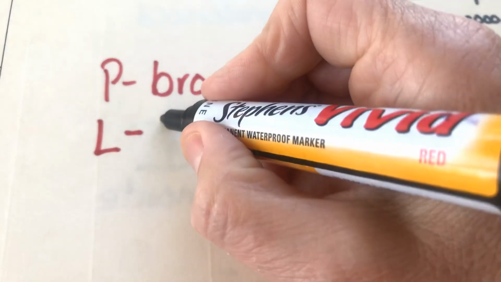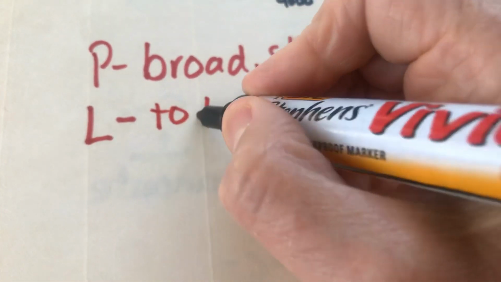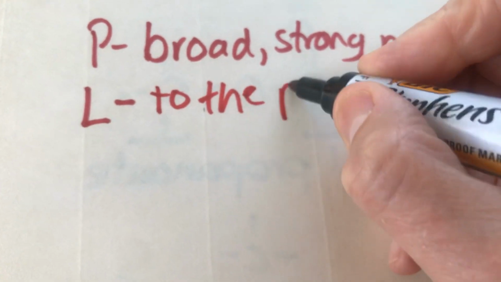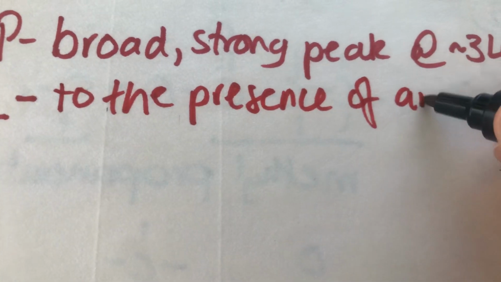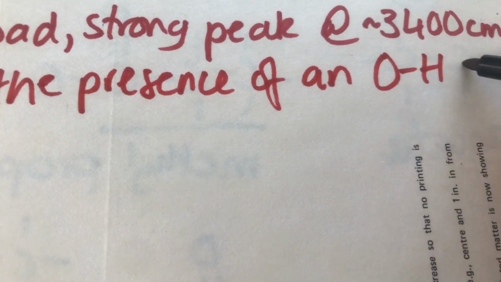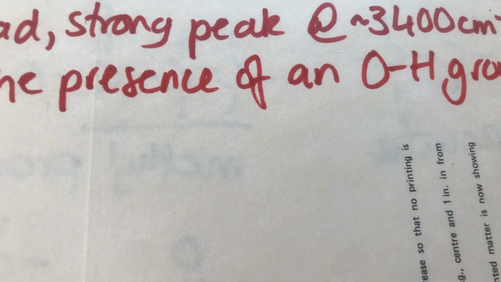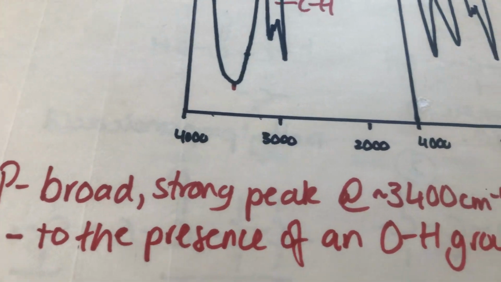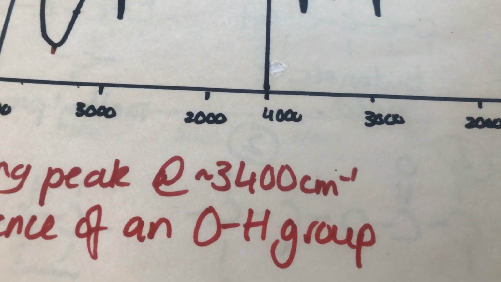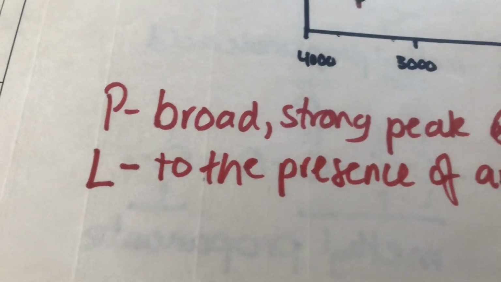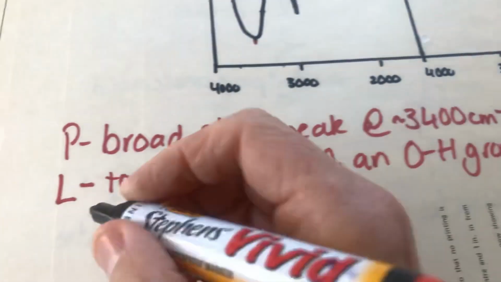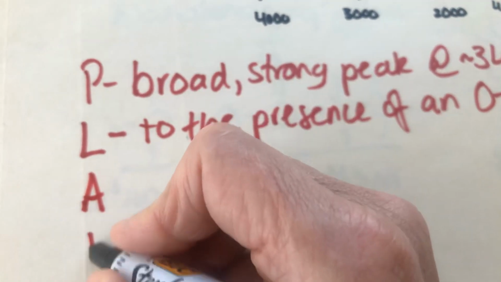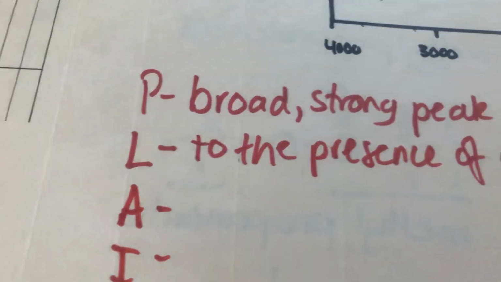That links to the presence of an OH group. Okay, so there's my link. If I have a broad, strong peak at around 3,400, this links to the presence of an OH group in the molecule.